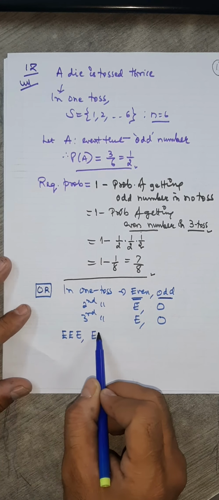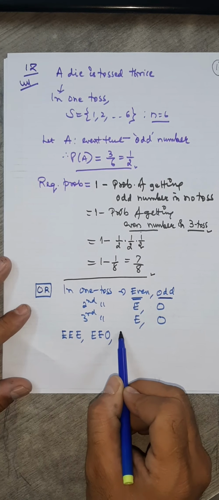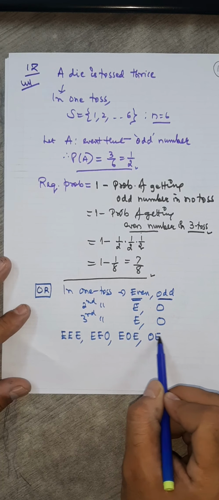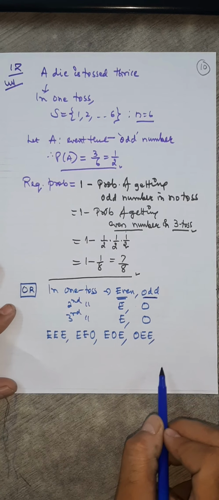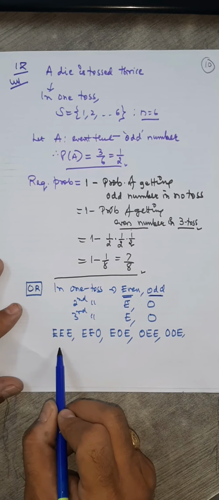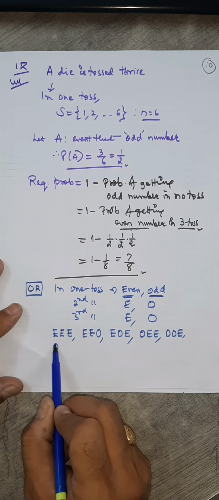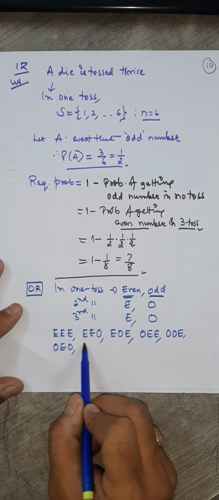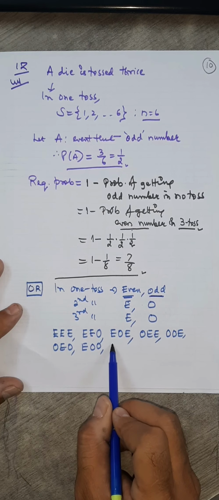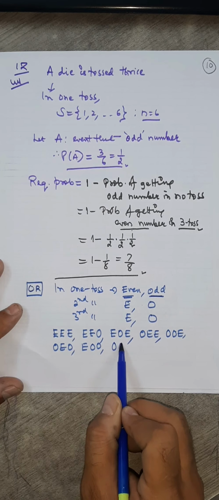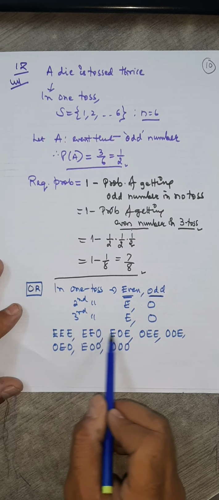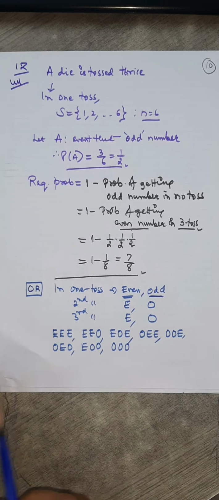All are even. Then even, even, odd. Then even, odd, even. Then odd, even, even. Then odd, odd, even. Then odd, even, odd. Then even, odd, odd. And then the next possibility is all are odd. Fine. So in total how many possibilities do you have? 8.